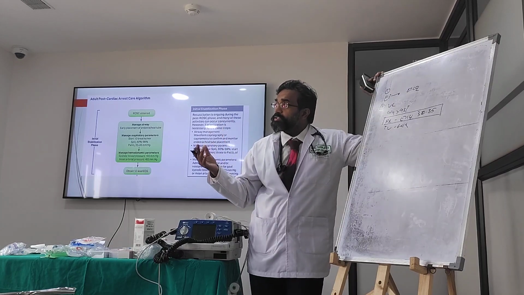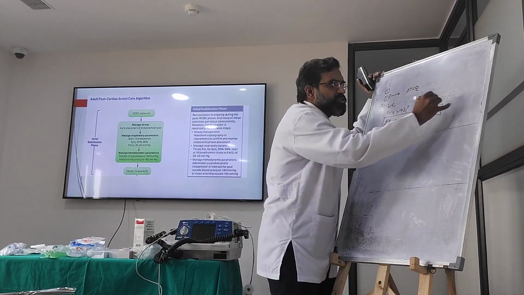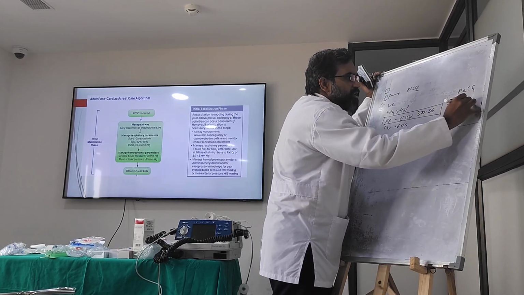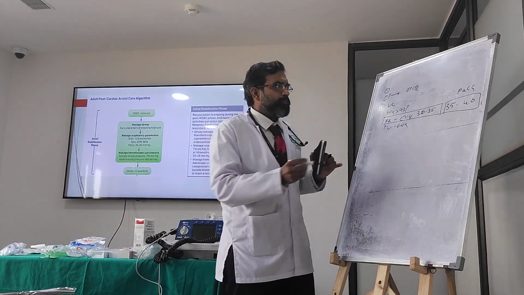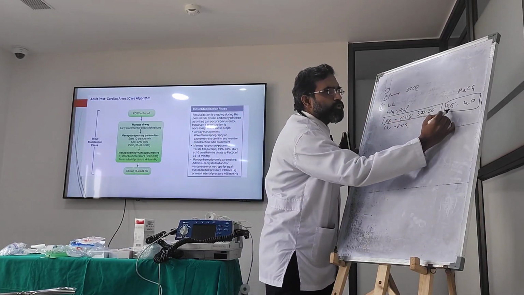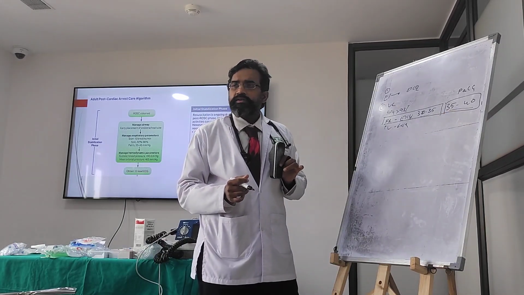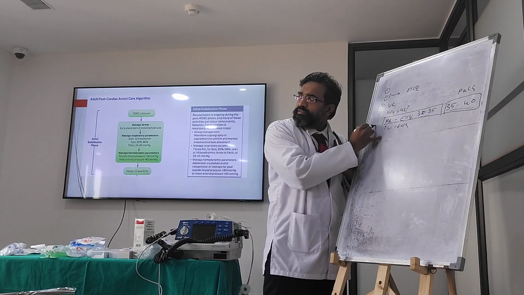That the PaCO2 in the blood is 35 to 40, which is called normocapnia. If I keep my ETCO2 at 30 to 35, my PaCO2 will be 35 to 40, about 5 more. Clear? Clear on this? So, what will be my ventilator settings? Clear?